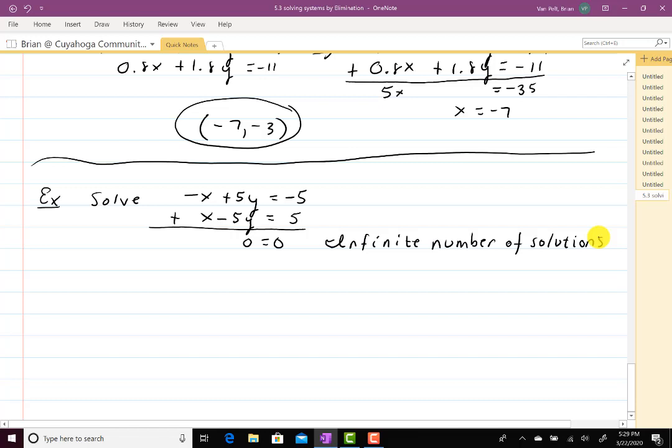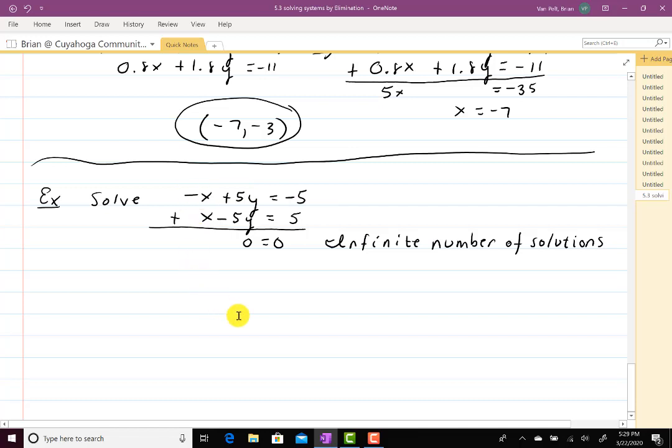Now I noticed when working some of the homework problems that there's two parts to the answer. One is that you tell it there's an infinite number of solutions, but then you explain to them what type of solutions. So here's what you do.